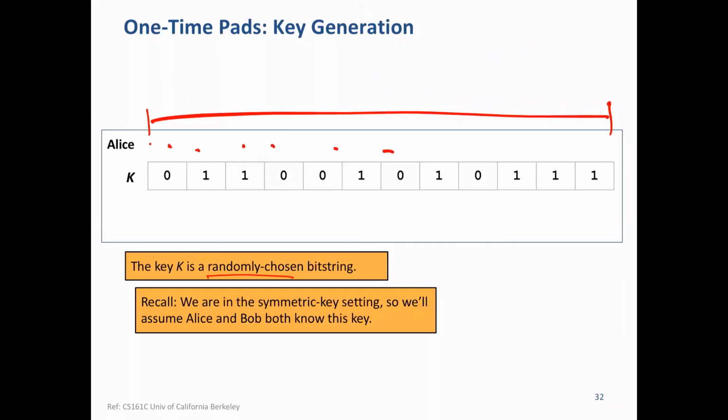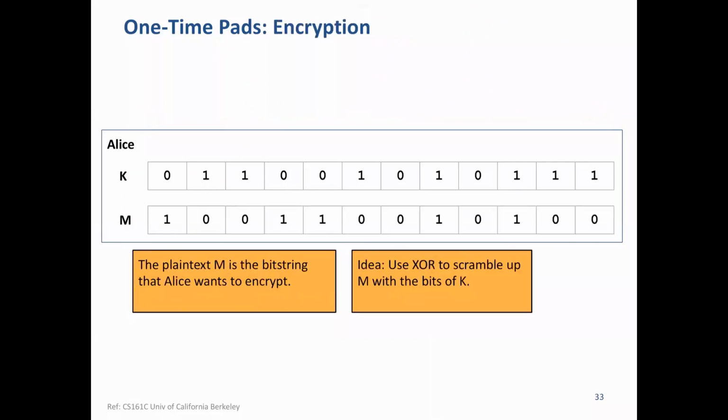We will study later on how to generate random numbers. And the message is of the same length. The message is not randomly chosen, but is what Alice wants to encrypt. Note that the key size and the message size are the same. So this is the message which Alice has, and this is the key.